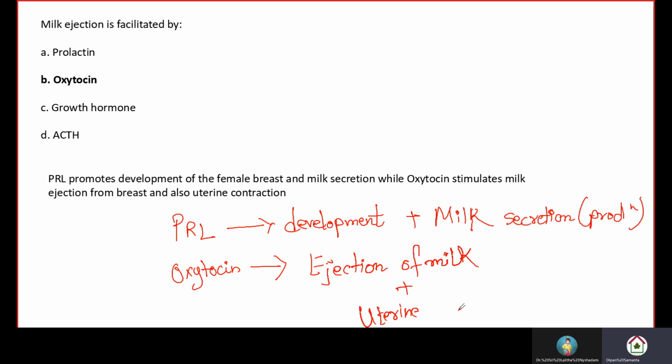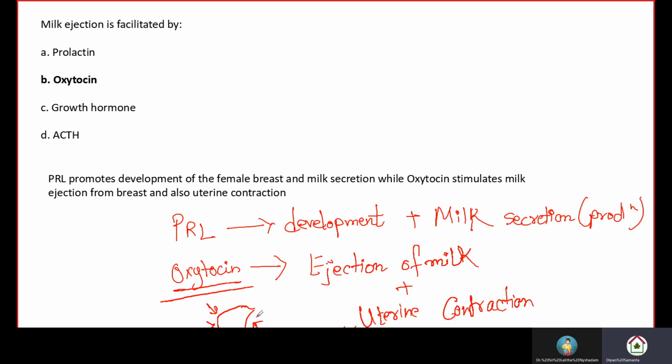So contraction of any bag-like structures, whether it is uterine or lobules of the breast, it is done by oxytocin. Oxytocin, no production, not actions like those. It just helps in contraction of bag-like structures. It can be lobules, it can be uterus.